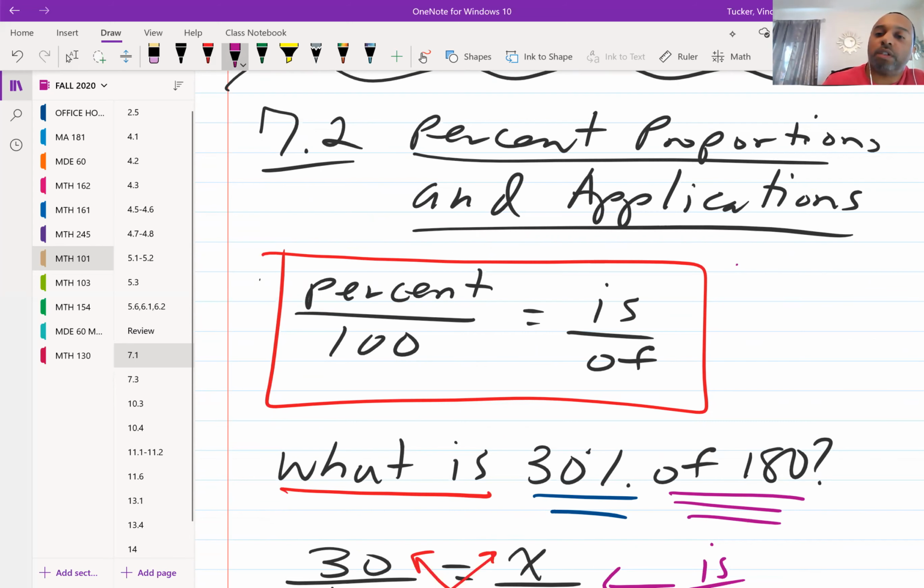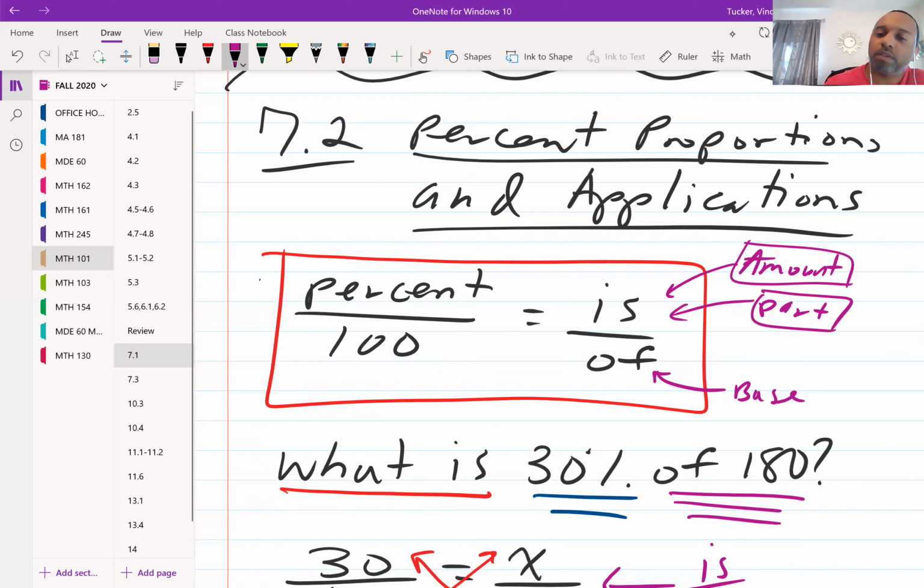Some books say amount over base, or they'll call it part over whole. So those are just different terms you may have heard for that bottom number and that top number.